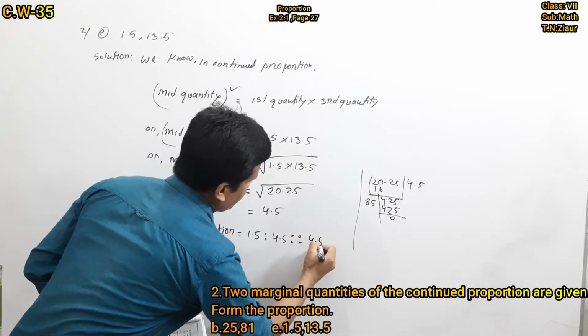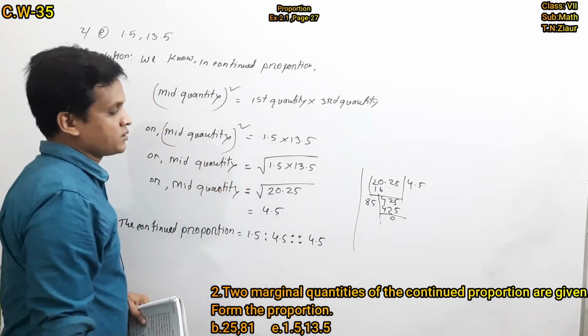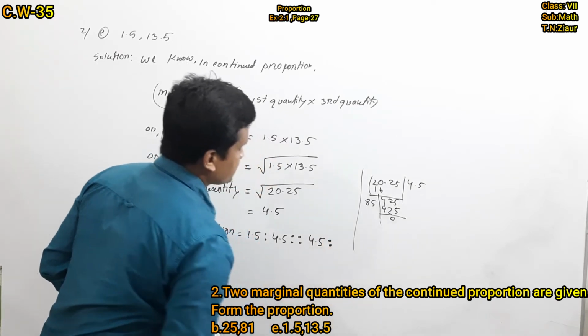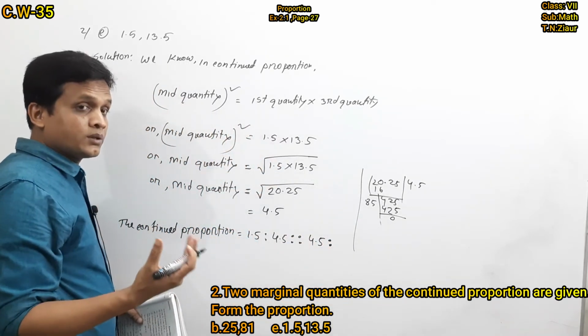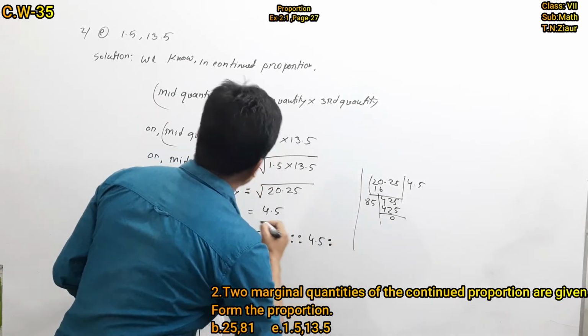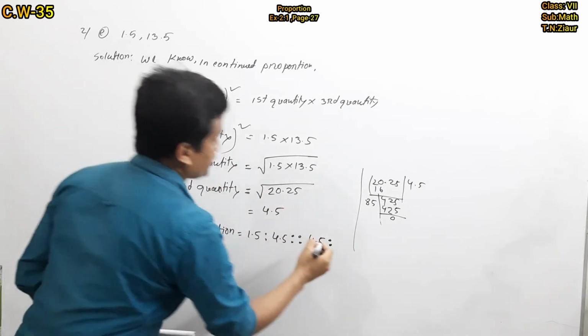Then 4.5 again, this one is the mean, that means second and third, right? And the last one is 13.5.